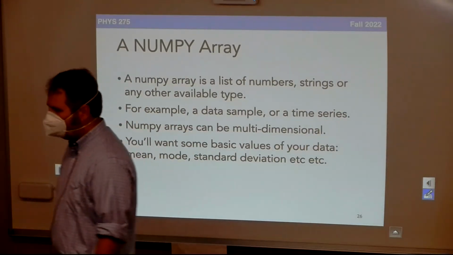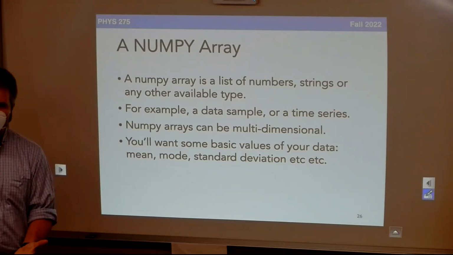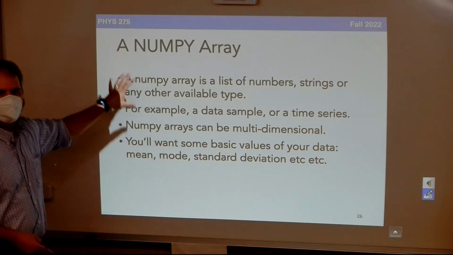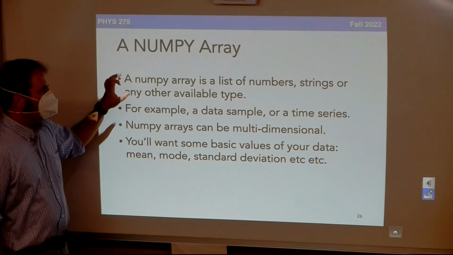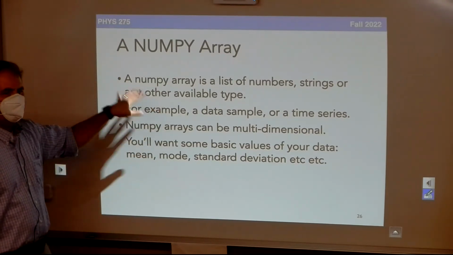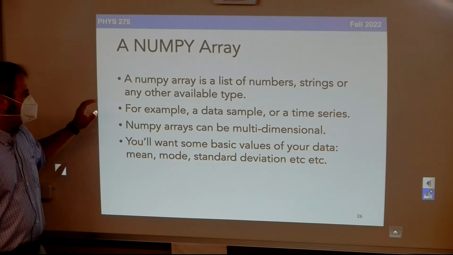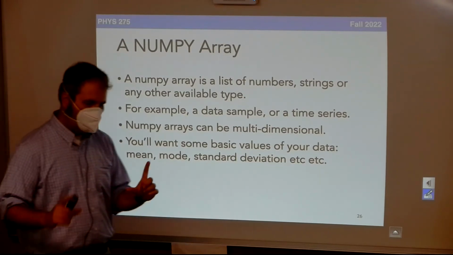So all of this stuff goes into NumPy arrays. Later, it might go into a Pandas data frame, but all the NumPy tricks work on data frames as well. So a NumPy array can hold a list of numbers, strings, or any available type. We can put any kind of data in there, and we can make it multi-dimensional. It doesn't have to be a matrix.